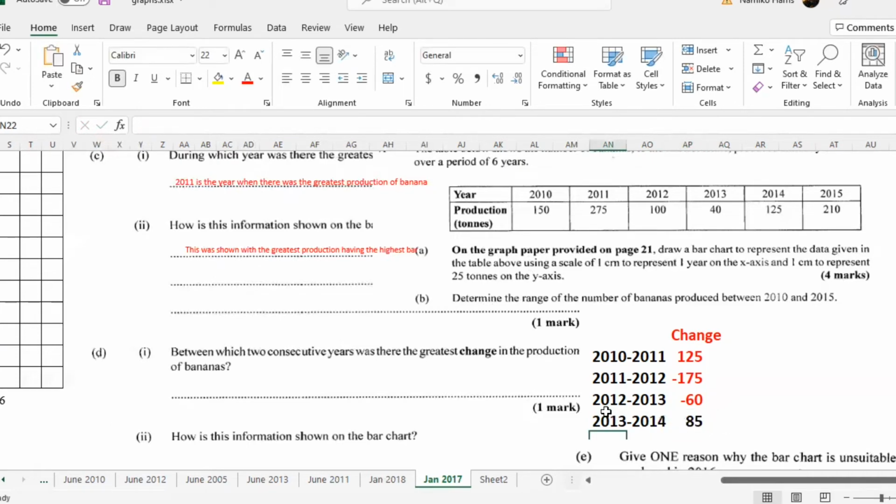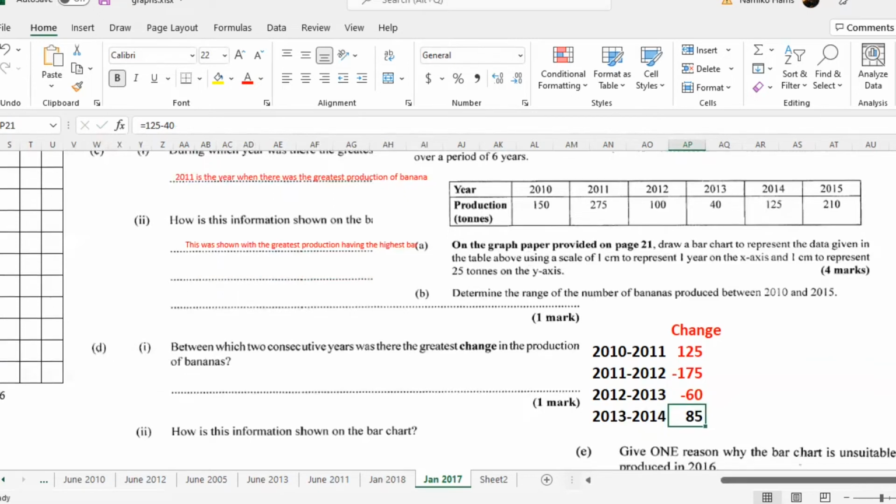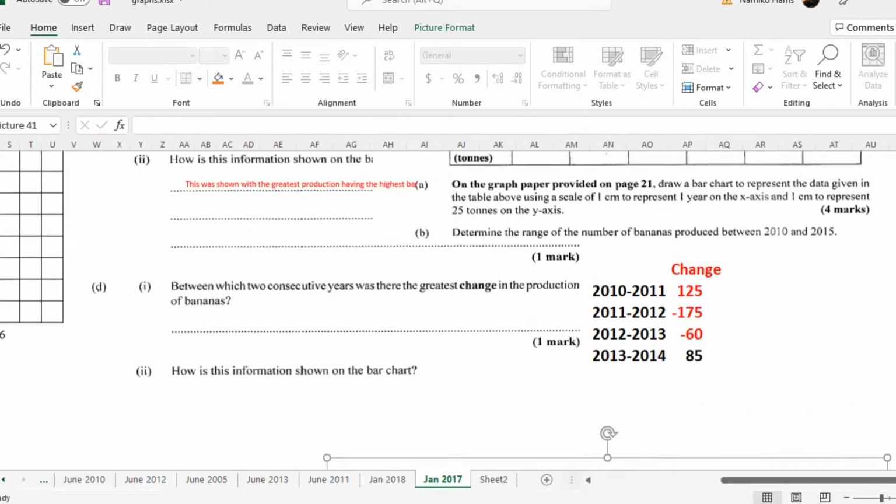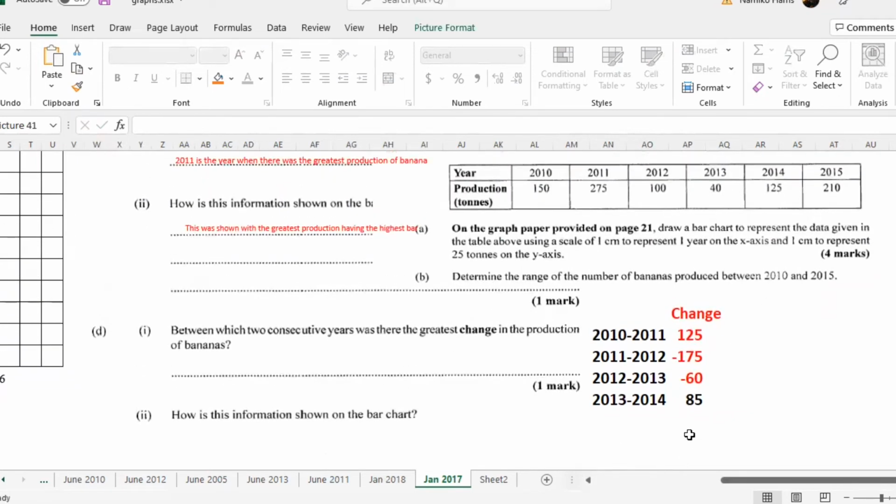So now there was an increase by 85 tons between those 2 years. So there was an increase from 2013 to 2014, an increase of 85 tons. And now we're moving from 2014 to 2015.